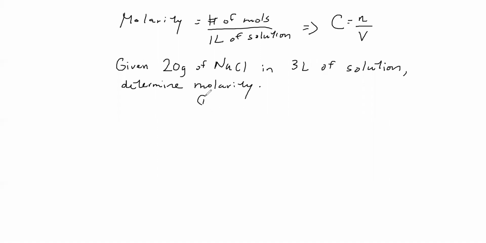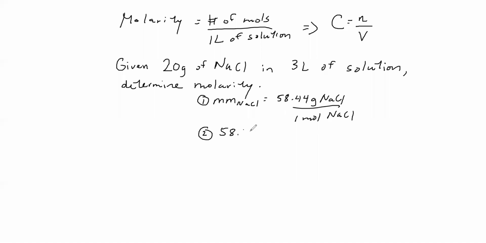So step one, I always try to figure out the molar mass of whatever substance I'm dealing with. And in this case, I have sodium chloride. So sodium chloride's molar mass is 58.44 grams of NaCl per 1 mole of NaCl. Now, that being done, I now have to figure out the number of moles.